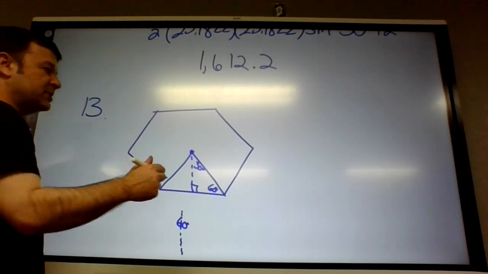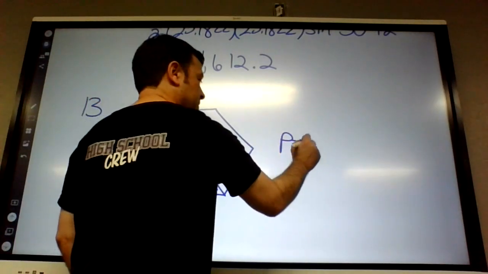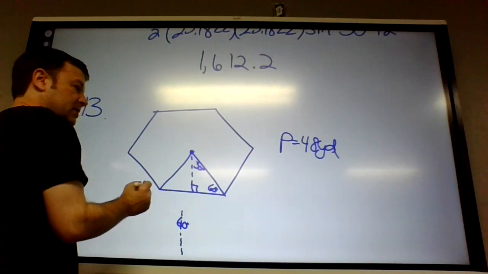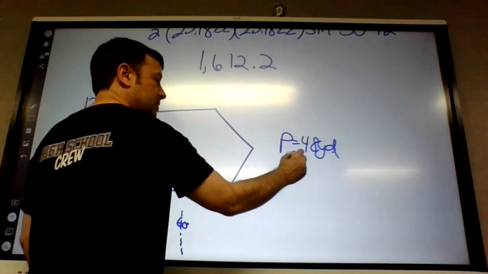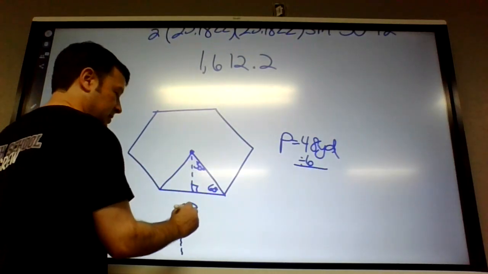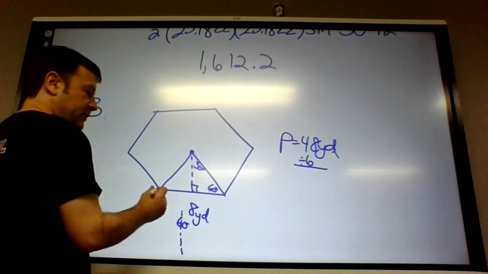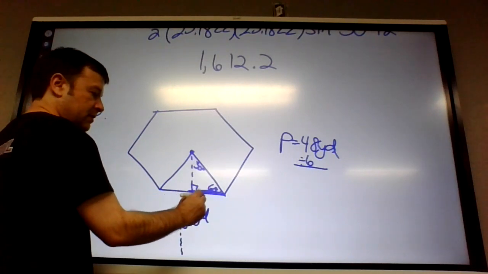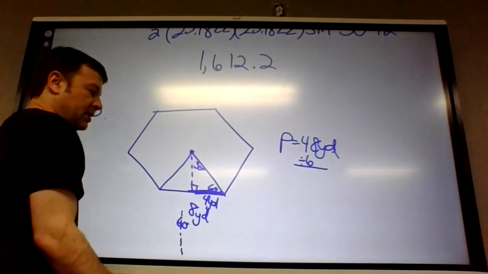It says the perimeter is 48 yards, so what must each side length be? 48 divided by 6 is 8 yards. If the whole side is 8 yards, how long is this little leg right here? 4 yards. Okay, here comes the trick.